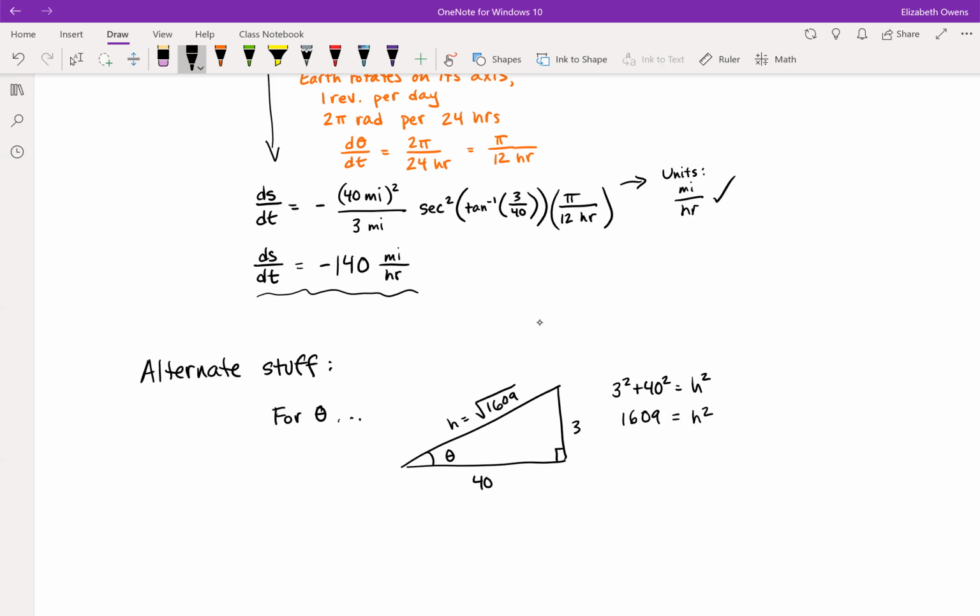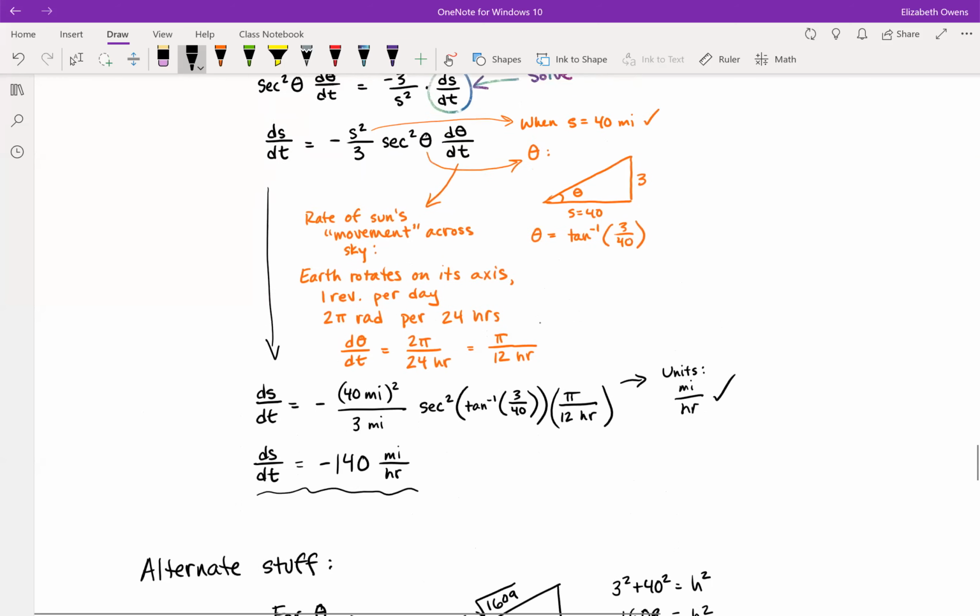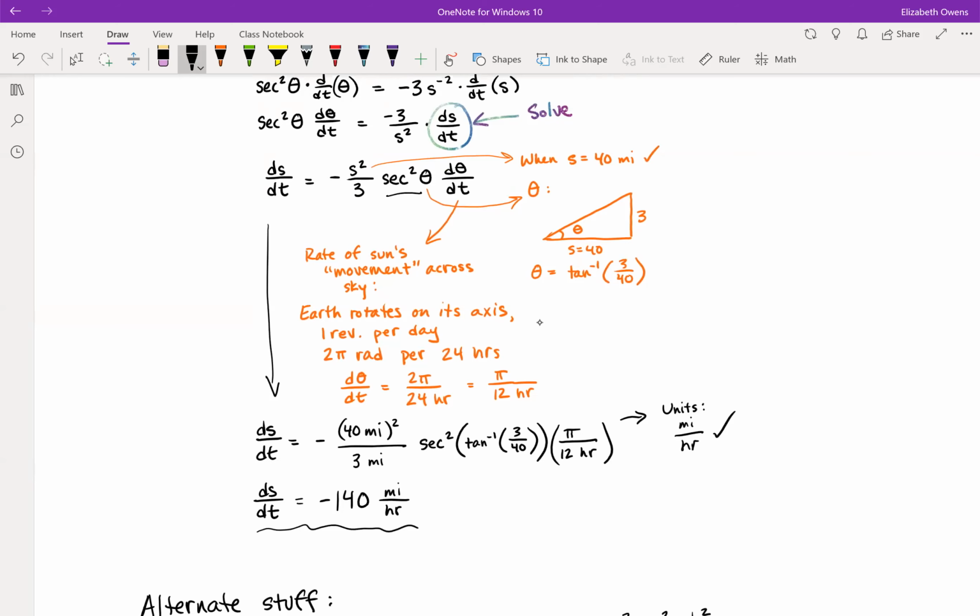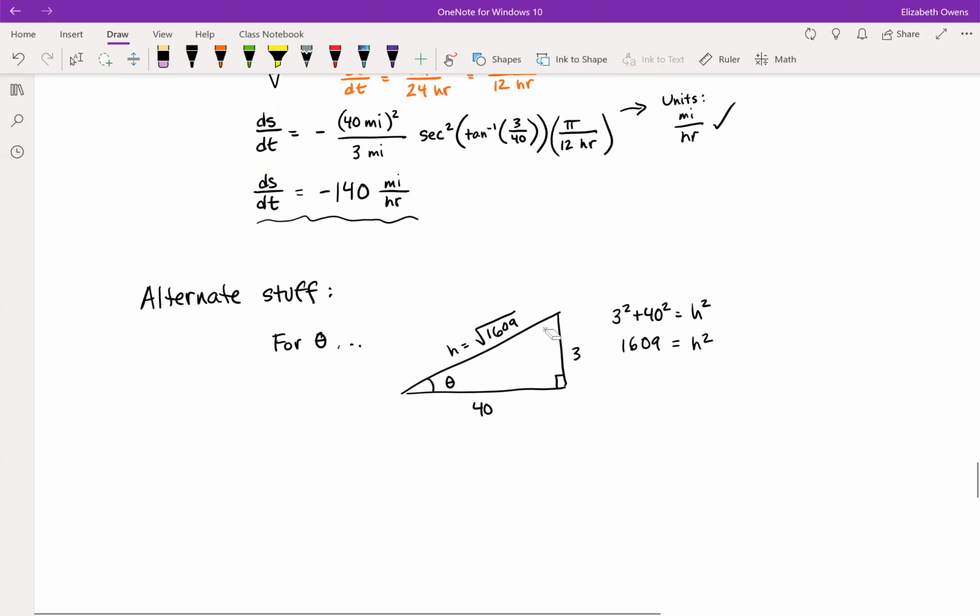because all we end up doing with that angle theta, as far as plugging things in here, is finding secant squared of theta. So you could find secant theta from this triangle being 1 over cosine theta. And so cosine would be adjacent over hypotenuse. So secant would be hypotenuse over adjacent. So that would be root 1609 over 40.